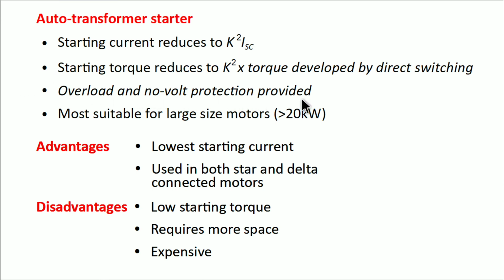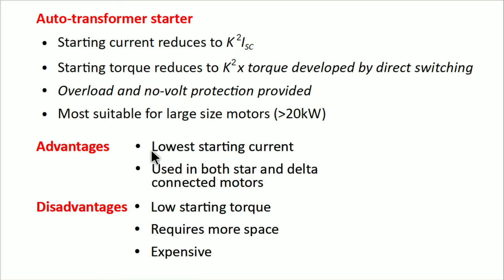Overload and no volt protection are provided just like in DOL starter, in this starter also. This starter is most suitable for large size motors, that is for more than 20 kilowatt motor, because we can reduce the starting current to any predetermined value by using appropriate turn ratio of the auto transformer.